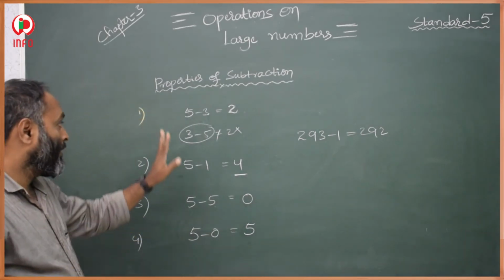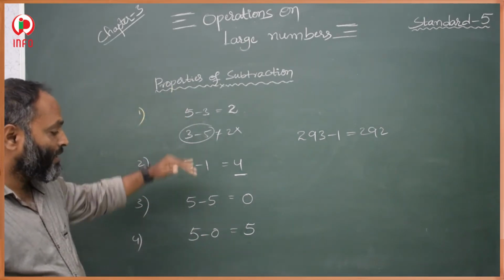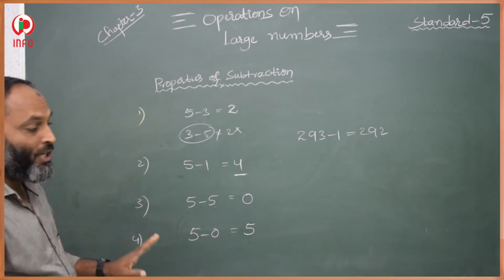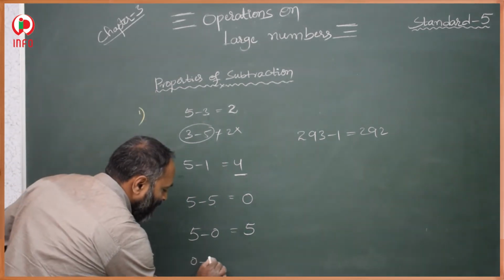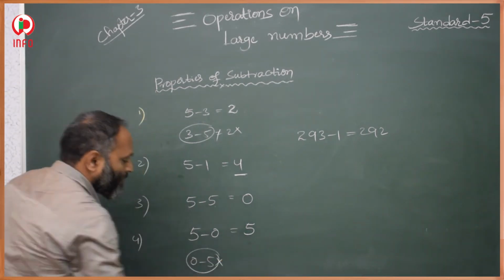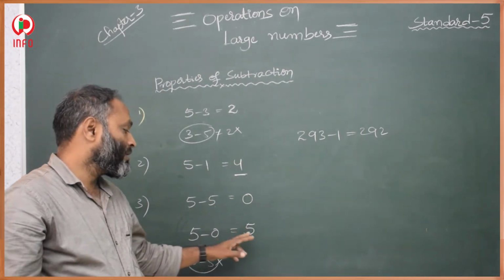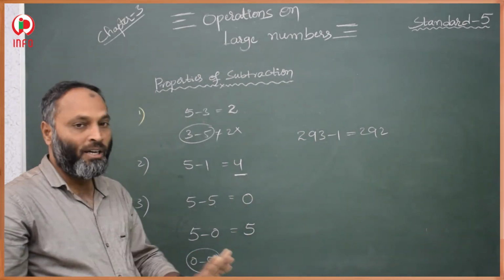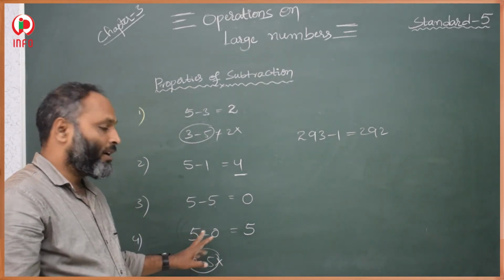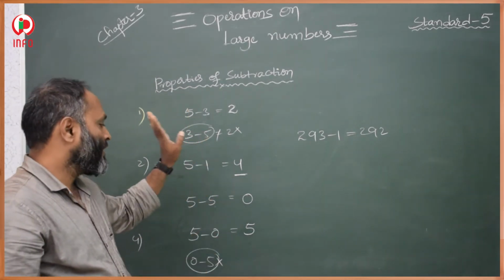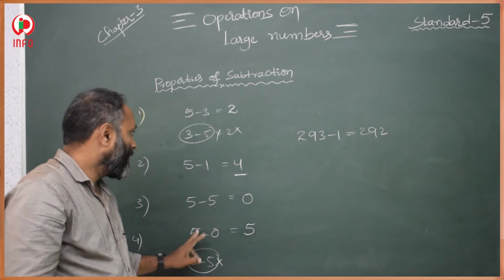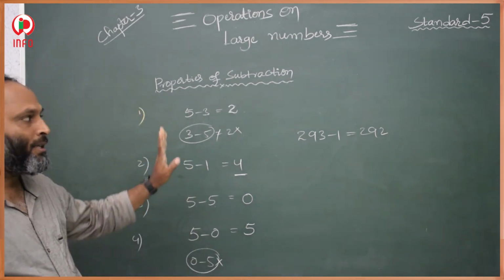Order in subtraction cannot be changed. It means 0 minus 5 is not possible, it's not correct. 5 minus 0 is 5, but 0 minus 5 is not correct. So order cannot be changed in subtraction.